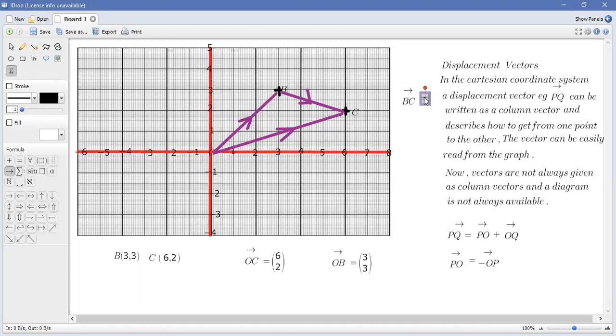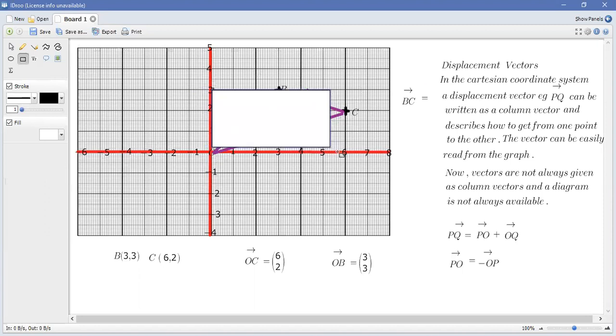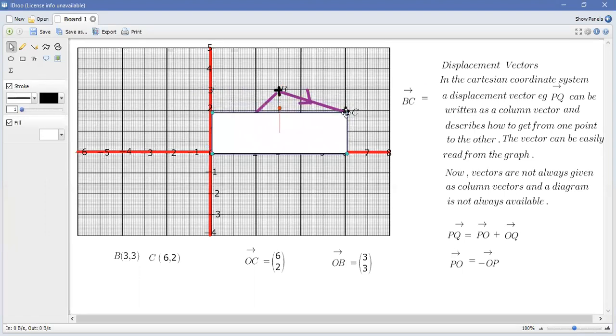So it's BC. 6-3. No, man. Remember the vector, don't forget vector. Cover here, cover the whole part.